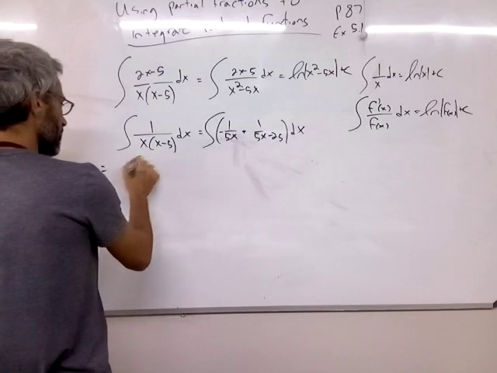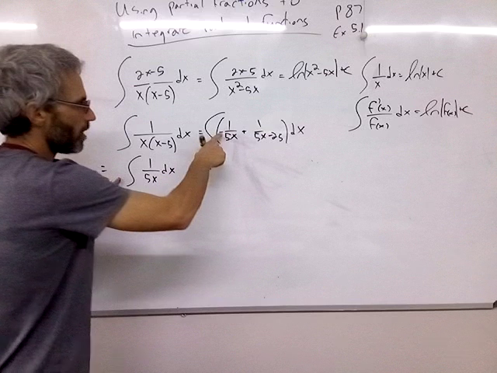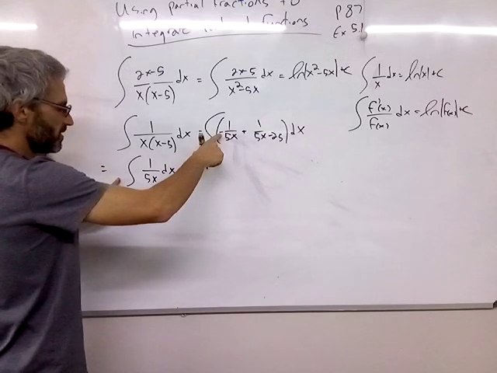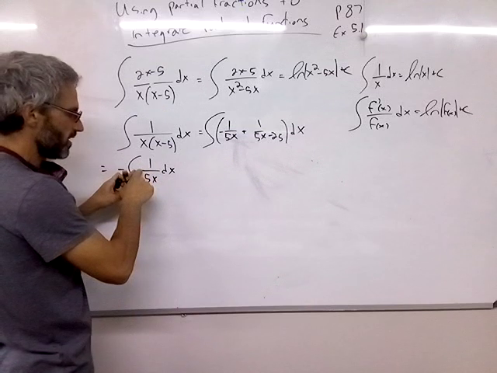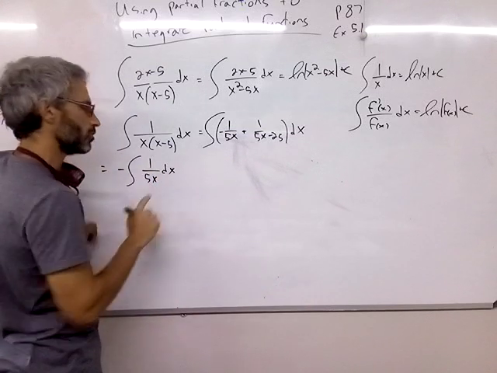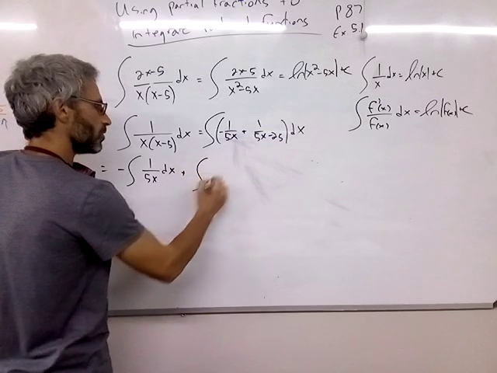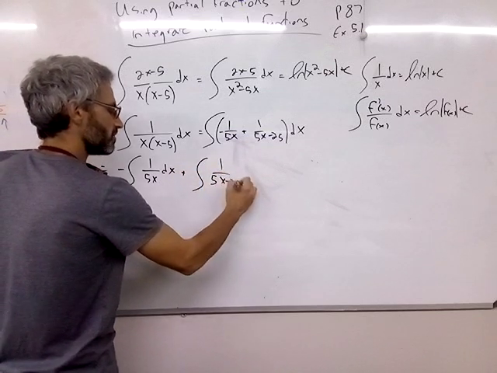So I'm going to do the integral of 1 over 5x dx. And check out what I'm going to do. I'm going to put the minus there. I could put the minus here, but timing by a constant, I can always take it out of the integral. Plus the integral of 1 over 5x minus 25.